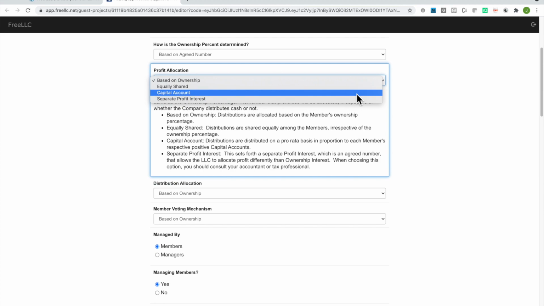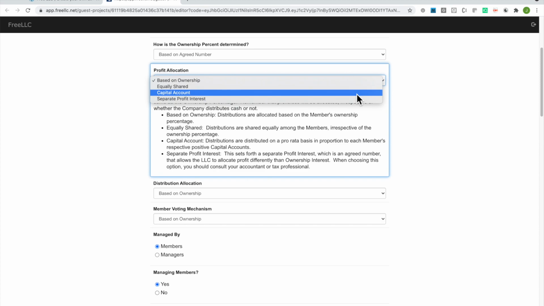So even when you didn't choose that option to determine the ownership, the accountants or the accounting software that you're using or that you will be using still have to keep track of the contribution amount to do your books correctly.